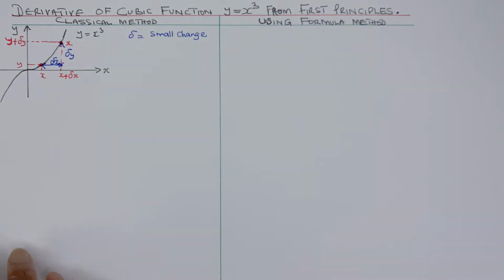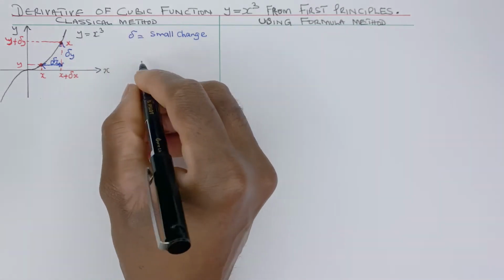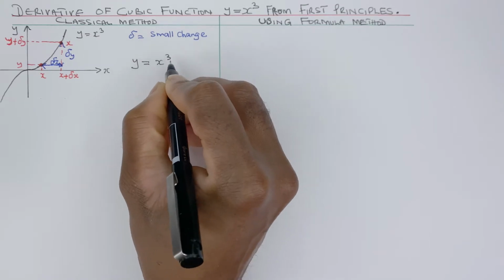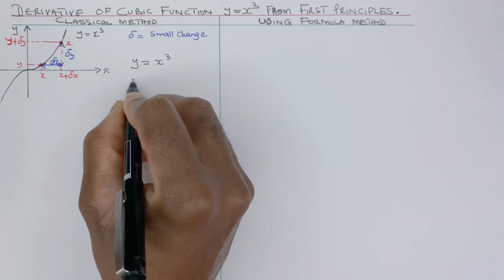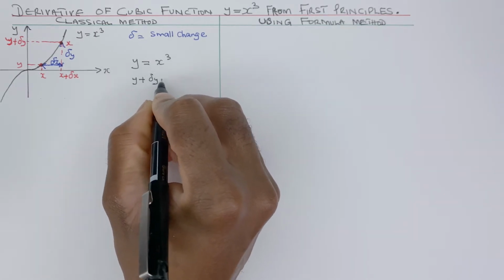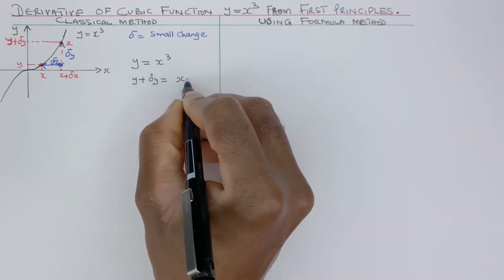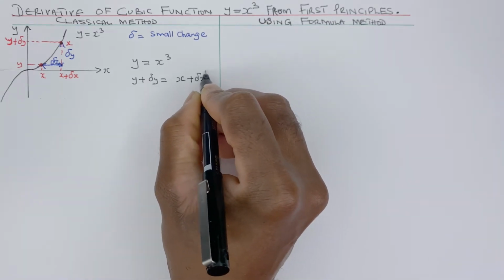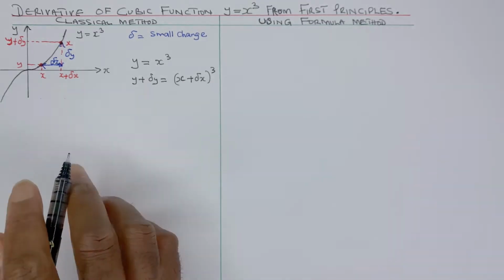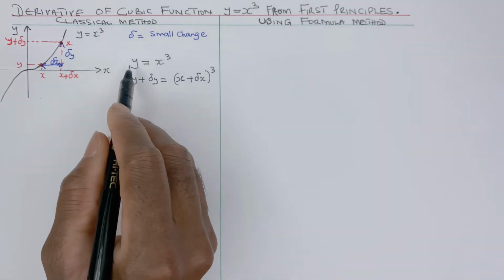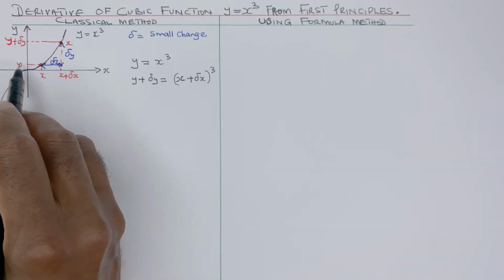With the classical method, what we tend to do is we say, okay, we have y equals x cubed. Therefore, y plus delta y will be equal to x plus delta x, cubed. So that's all we did. We just replaced y. We're looking at that point, that's y and x.